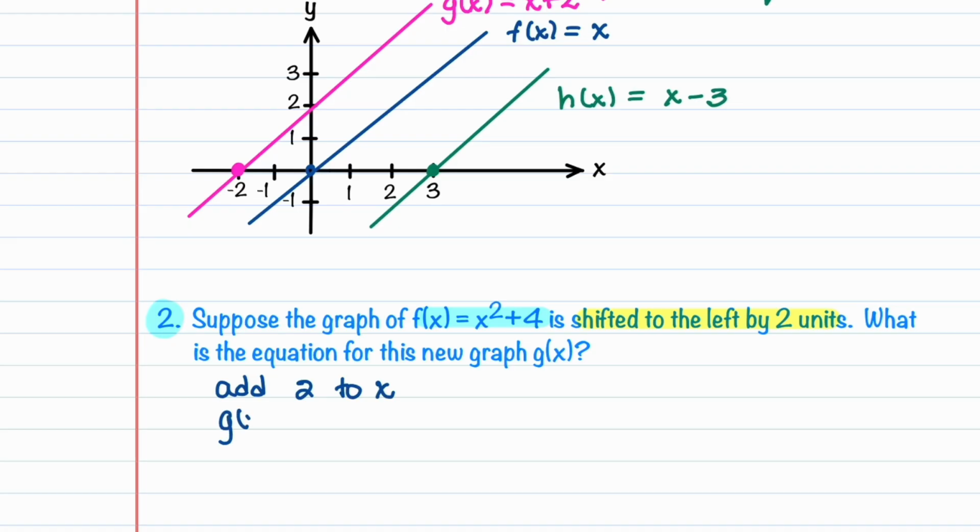This gives g of x is equal to f of now x plus 2. And then in our equation, wherever we see an x, we're going to replace it with x plus 2. So this gives us quantity x plus 2 squared plus 4. And that's g of x.